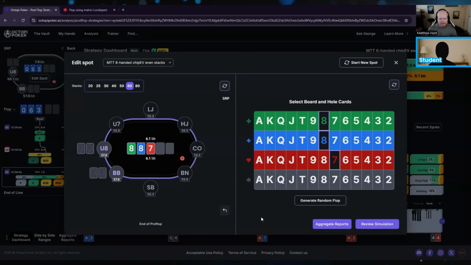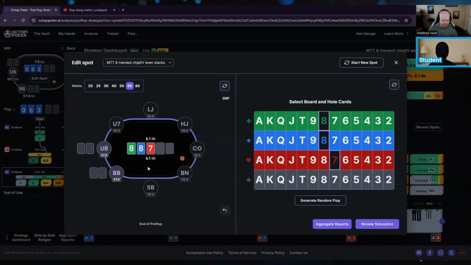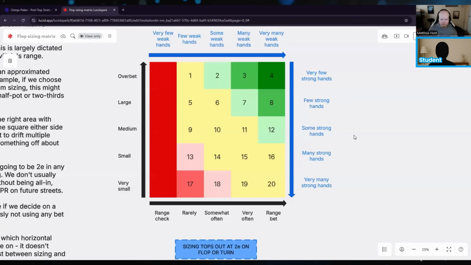So they actually in this spot are probably not ever really going to be anything more than these bottom 2 rows, right? It's either very many or it's many. It's not going to be some, few, or very few, because any 8 is very strong here. And they can clearly have an 8 because they're defending the big blind with a lot of hands that have an 8 in them. So immediately a paired board like this is going to be in the bottom 2 rows.